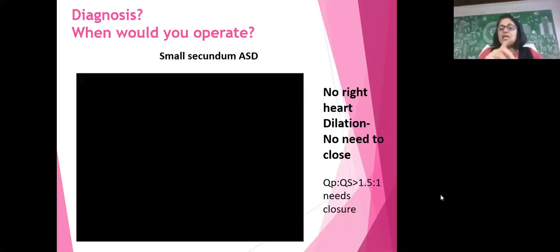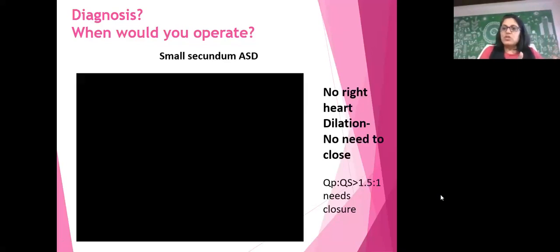No, right? So if you have a small secundum ASD and the RA and RV are normal, that means the QP to QS, pulmonary blood flow to systemic blood flow, is low. Only when pulmonary blood flow is 1.5 times systemic blood flow are we going to operate. If QP:QS is 1.5, then you will have right heart dilation.